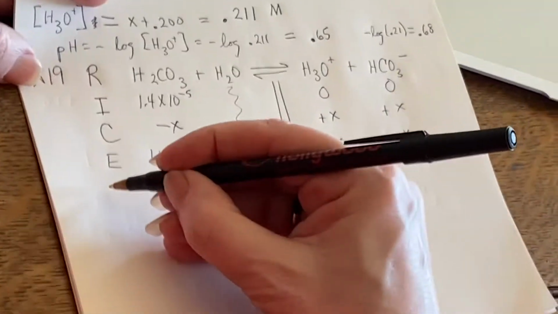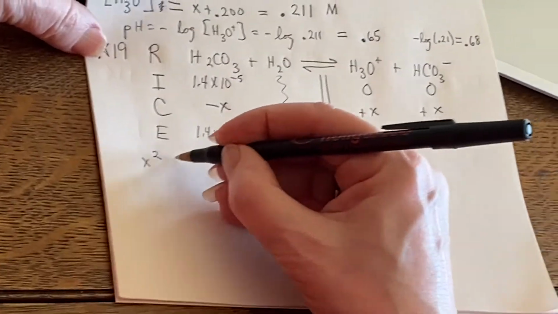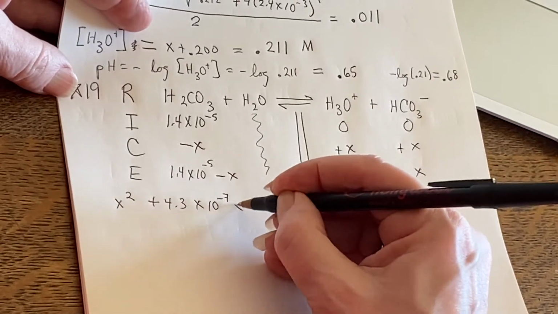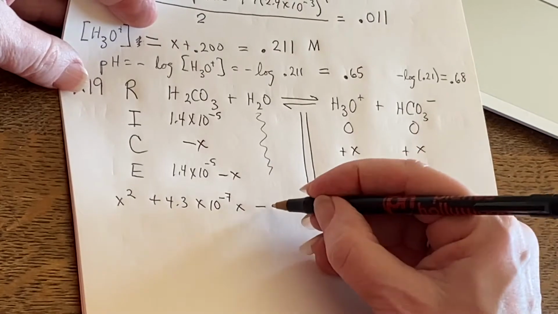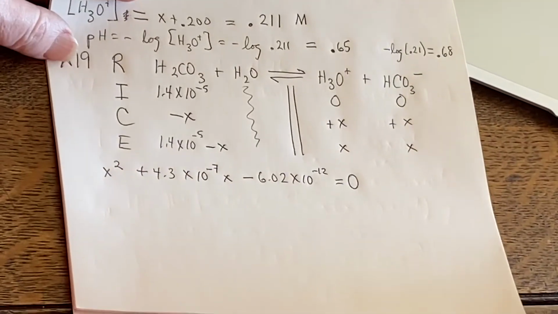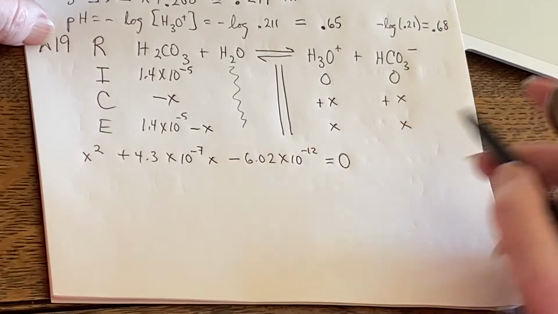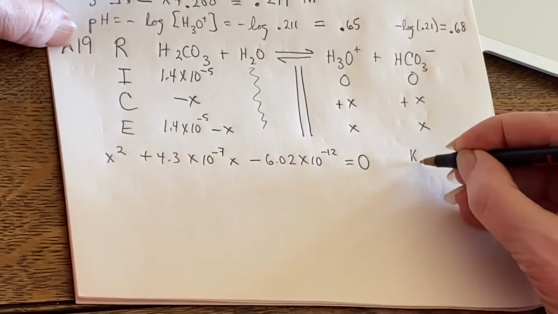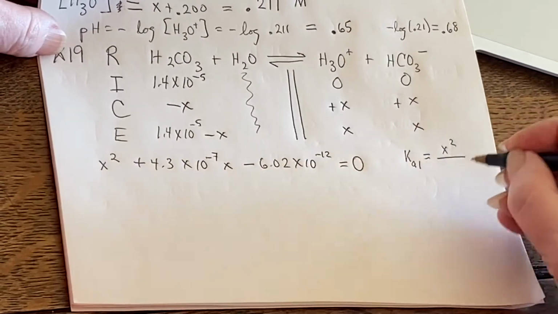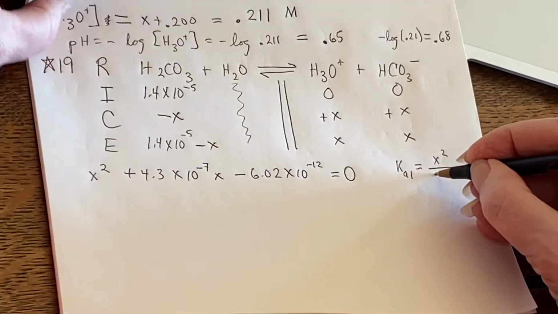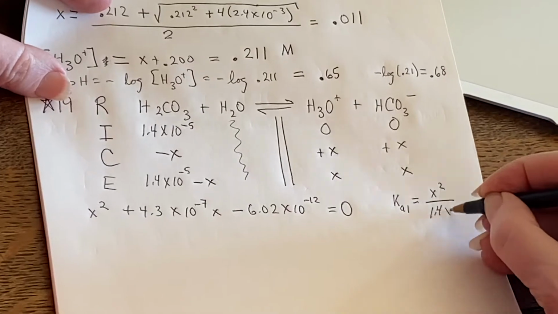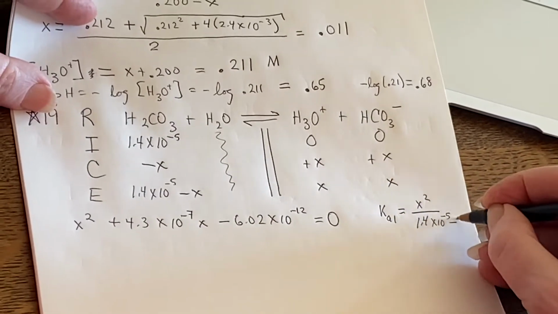We're going to end up with a quadratic equation out of this. That's x squared plus 4.3 times 10 to the negative 7 x minus 6.02 times 10 to the negative 12 equals 0. Where did I get that? Well, remember what we're doing here. We're doing Ka1 equals x squared over 1.4 times 10 to the minus 5th minus x.